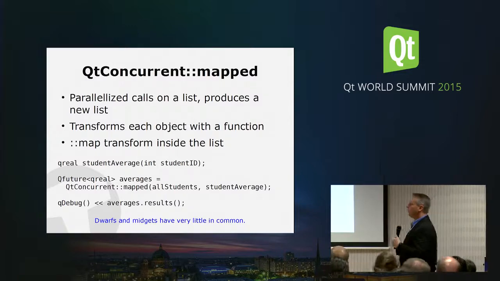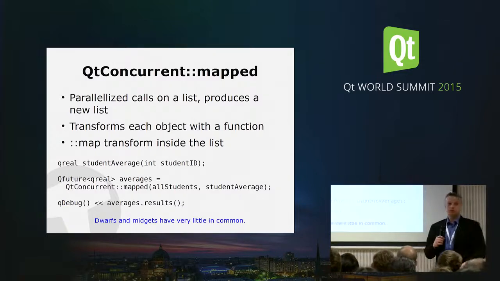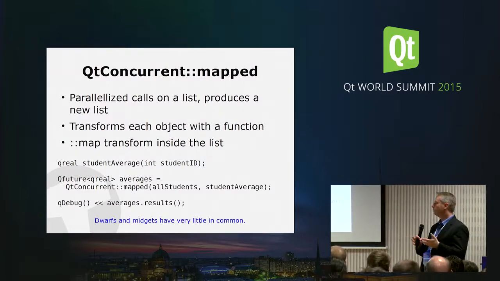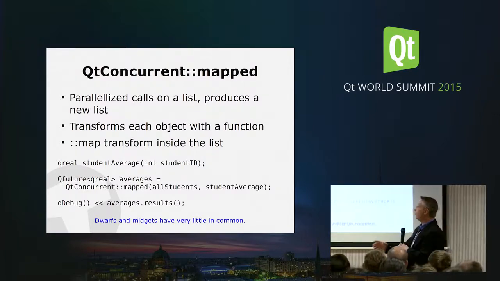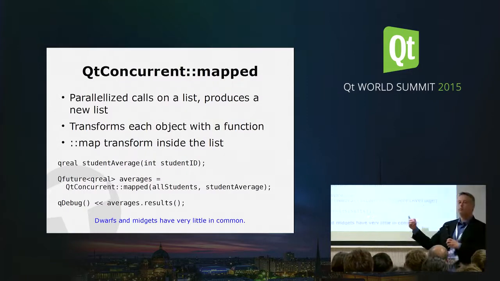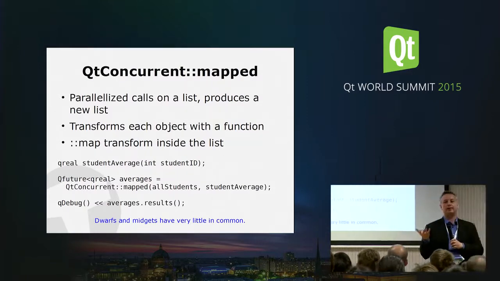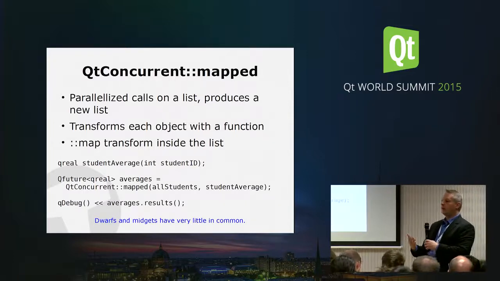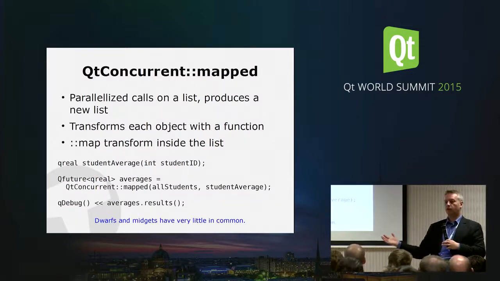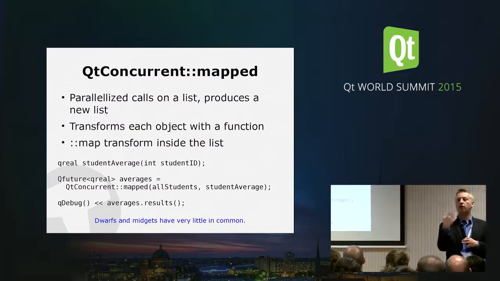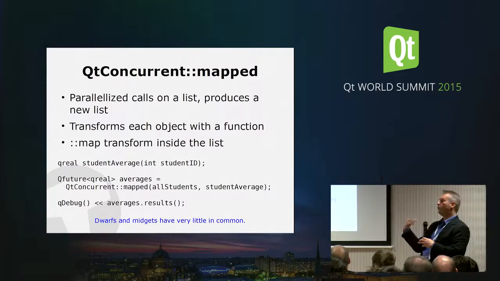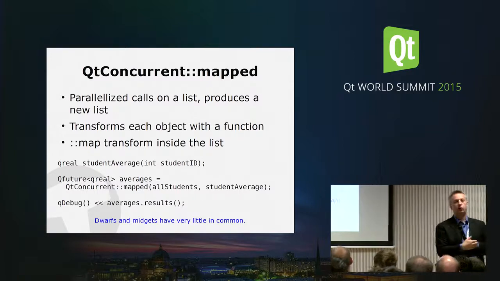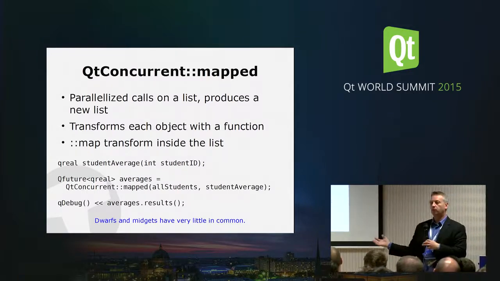And what it returns is a future object. So in the future, this will have the value. What happens is when you call results, it blocks until the result is there. But the actual transformation is happening on all your cores automatically. So this just takes the problem and throws it at the thread pool, which automatically throws it at all the cores in your system.